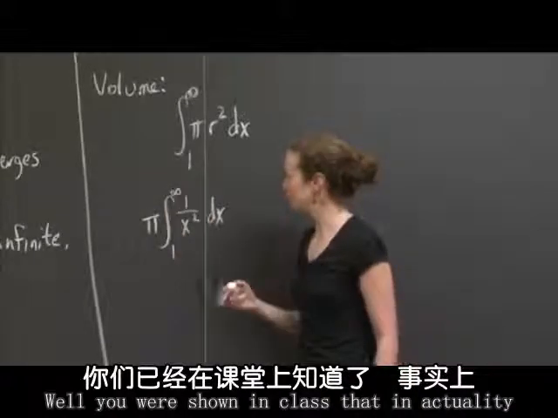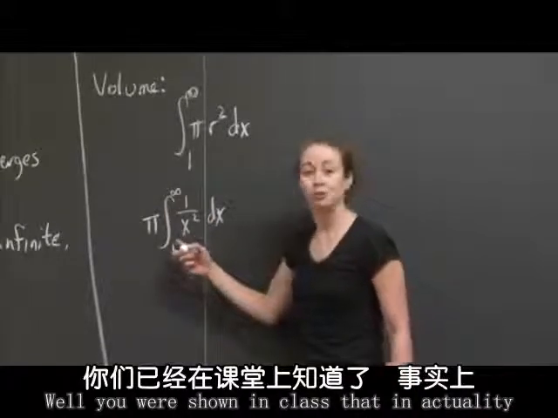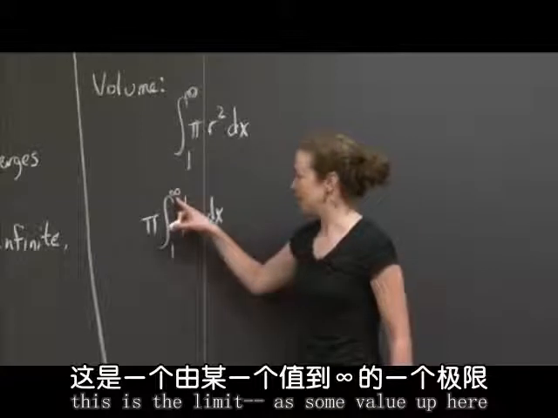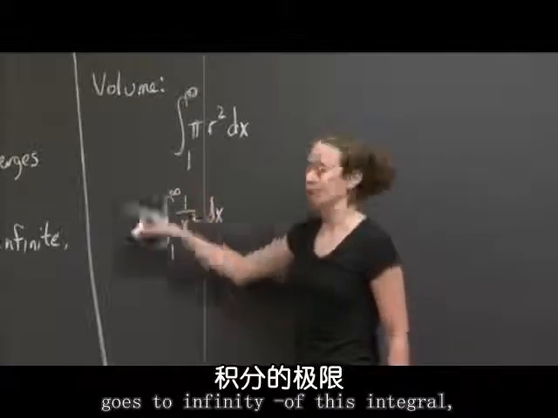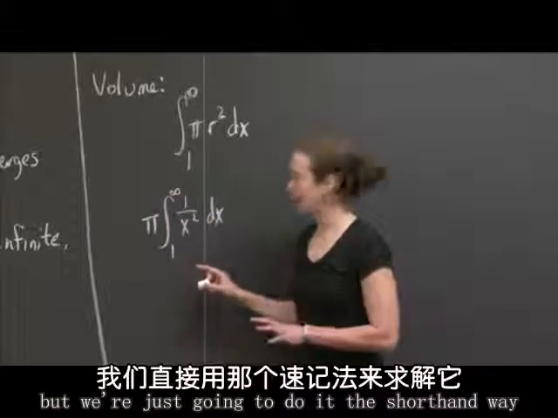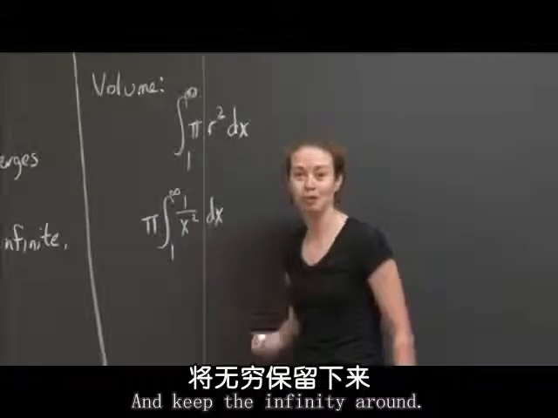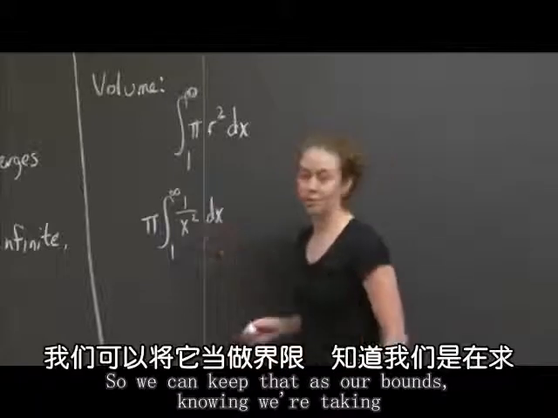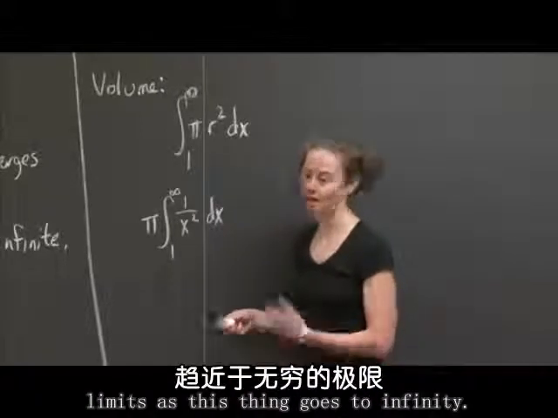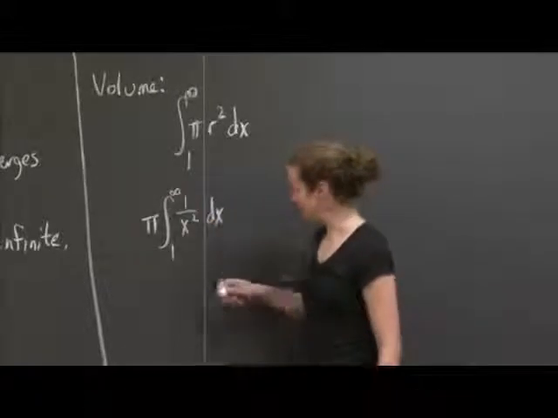Well, you were shown in class that in actuality, this is the limit as some value goes to infinity of this integral, but we're just going to do it the shorthand way and keep the infinity around, knowing we're taking limits as this thing goes to infinity.